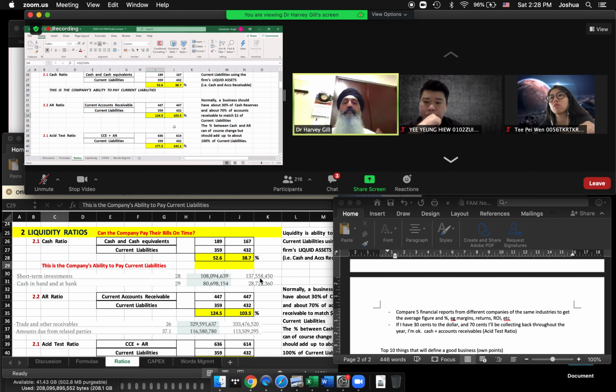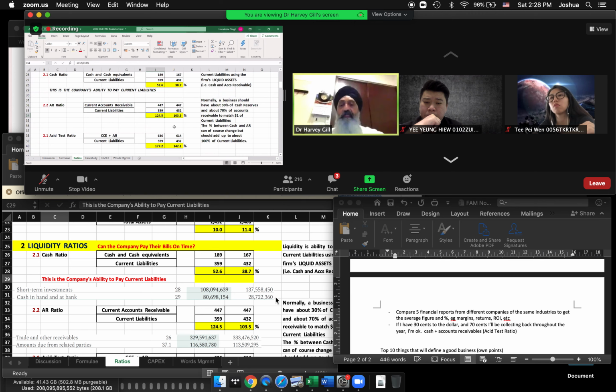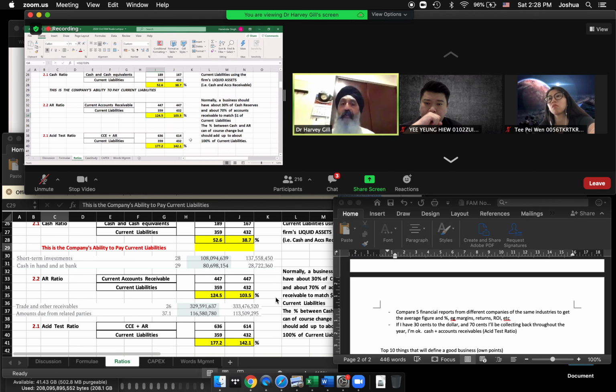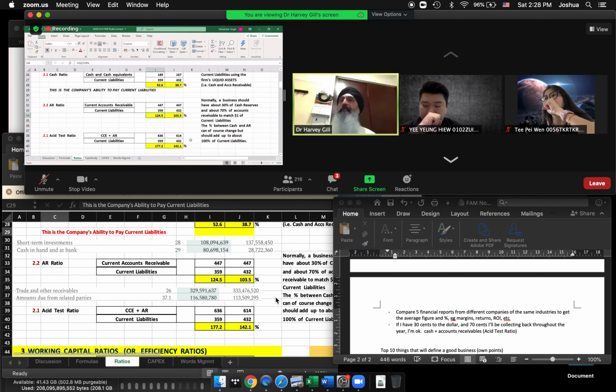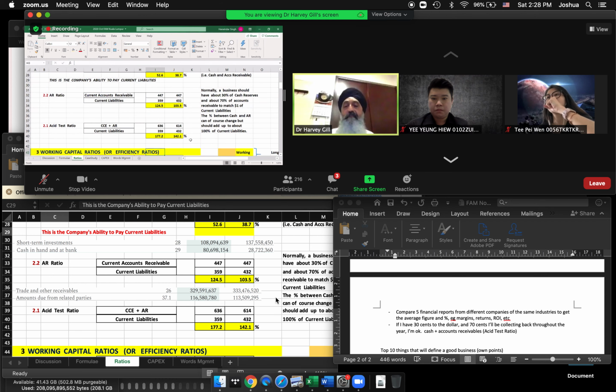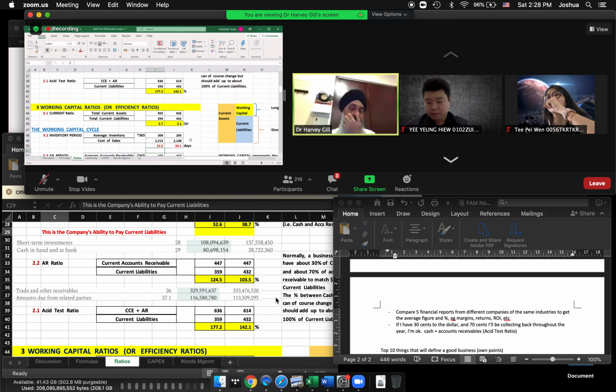They are quite generous in giving credit to their customers, but overall, if we look at the acid test, they appear to have enough liquid resources. Cash and accounts receivable is called liquid resources. They have enough liquid assets to be able to settle current liabilities. Yeah, that's liquidity. Got money to pay or not, that's all.